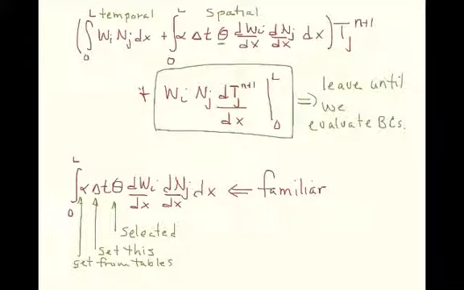When we look at the temporal term, we're going to use a finite difference approximation and evaluate T sub j at n plus 1, that's the new temperature that we're looking for, and T_j at n, which is the previous time step. So the thetas determine where between those two temperature terms, the previous or the current one, we evaluate the spatial terms.